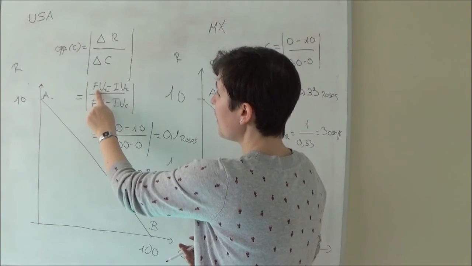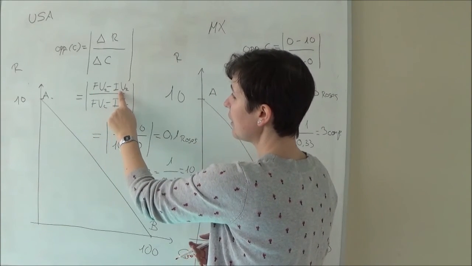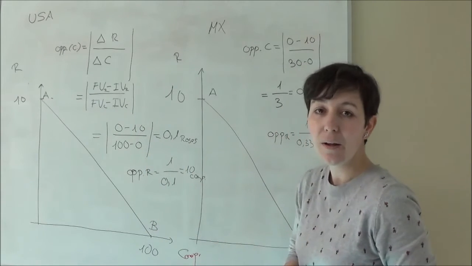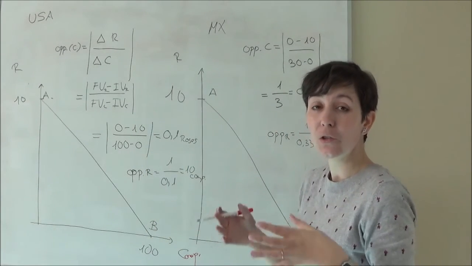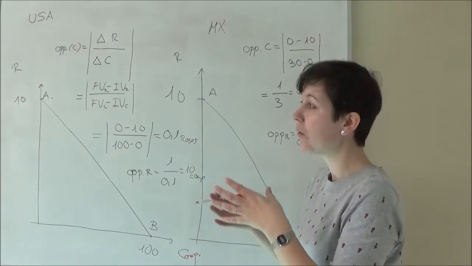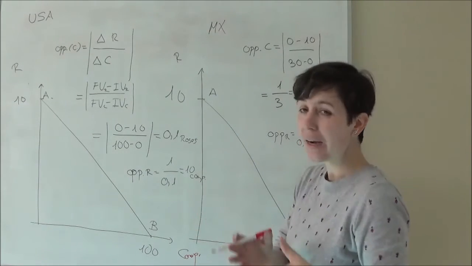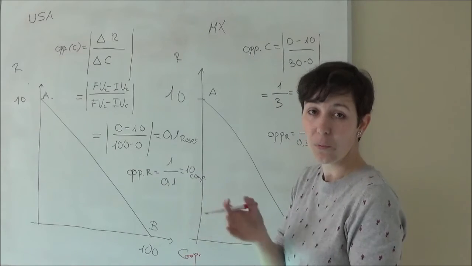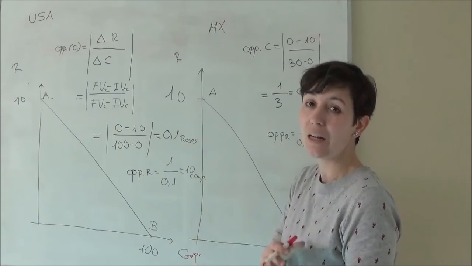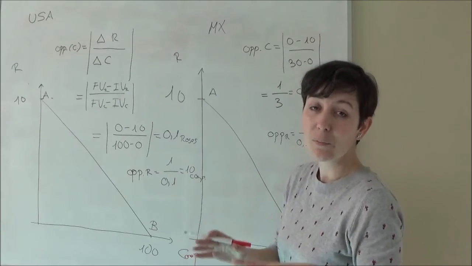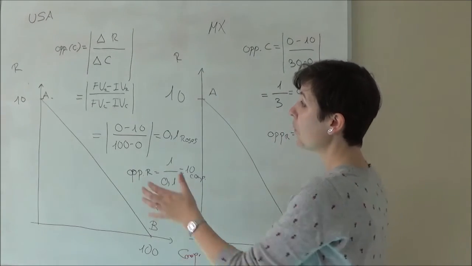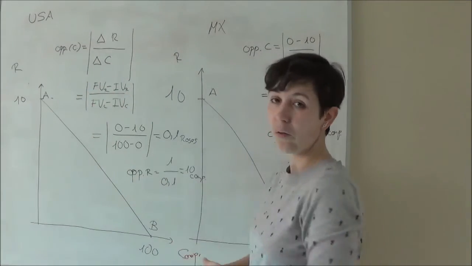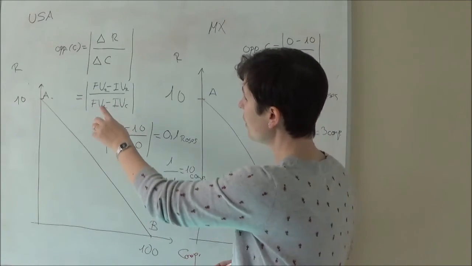Always final value minus initial value, okay? Final value minus initial value. As I said previously, if you make the mistake of putting the opposite, initial minus final, it doesn't matter because everything is in absolute terms. But it's important what is over and under the line, okay?